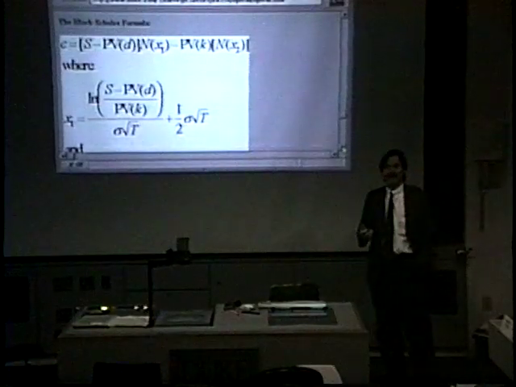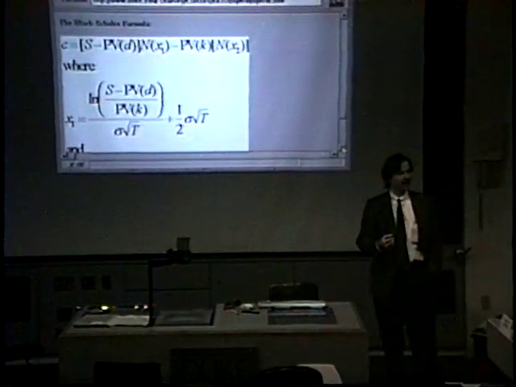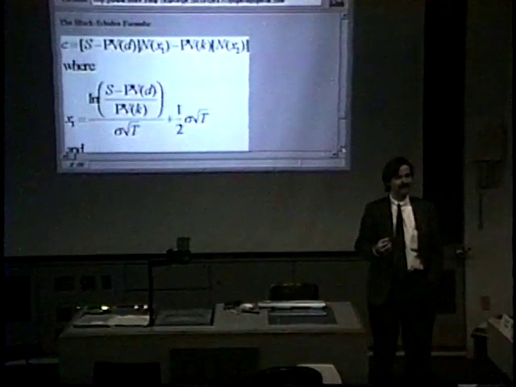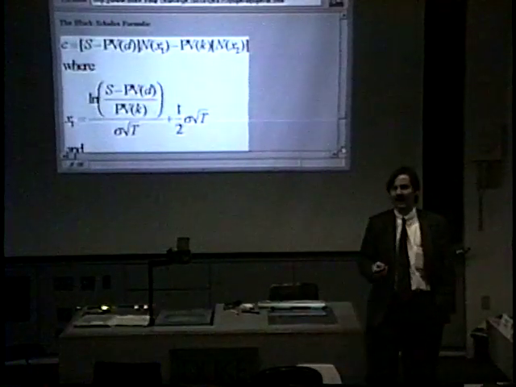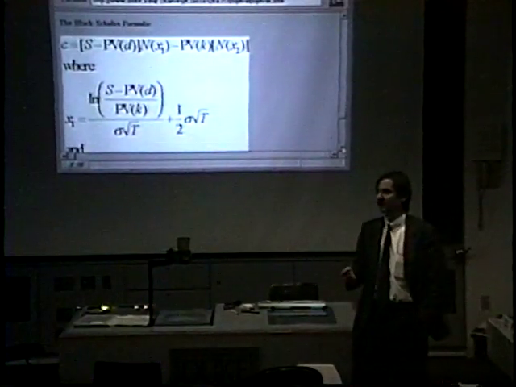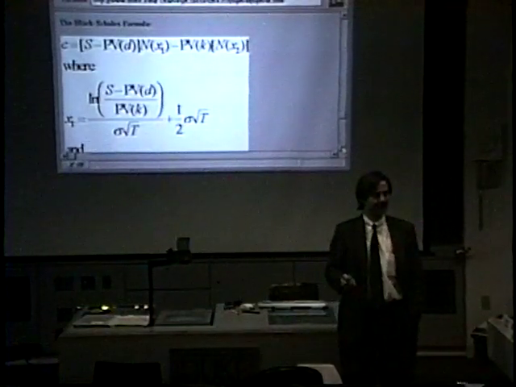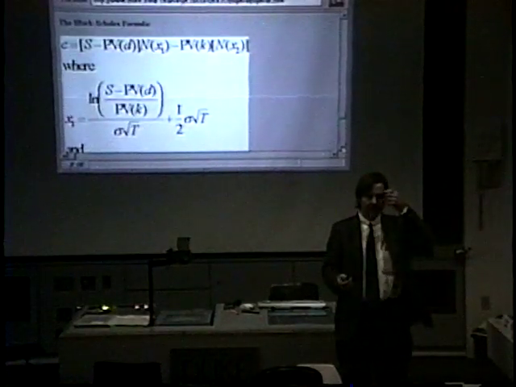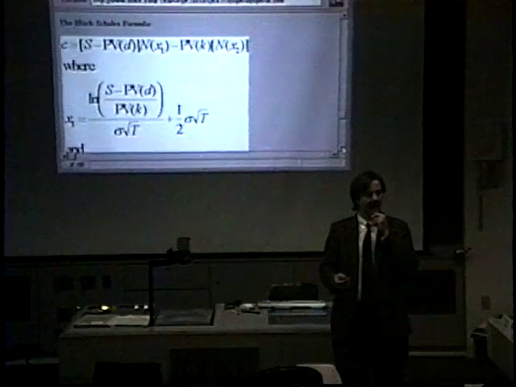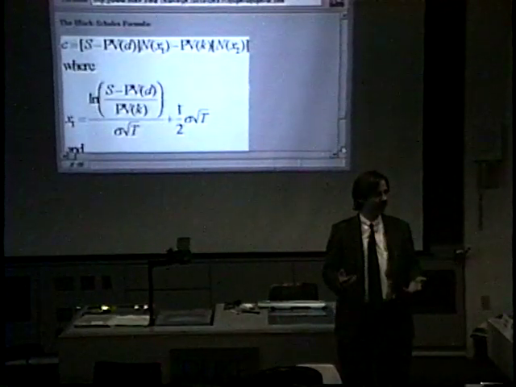Now, S minus K isn't that satisfactory a formula for an option. Think about it. The strike price is 100, and the current stock price is, let's say, 105. As a call option, you've got the right to buy at 100, but the current stock price is 105.